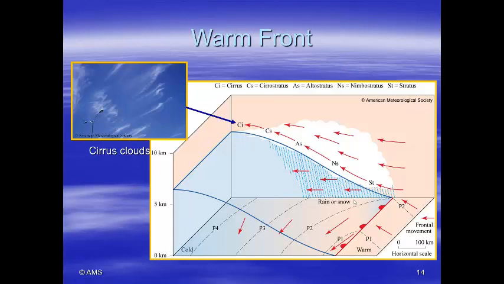So here we see a warm front, and once again what's happening is the cold air is moving away and the warm air comes in to fill in. The warm front is usually shown as a red line with small suns on it, so red half circles, and they're pointing in the direction that the front is moving.